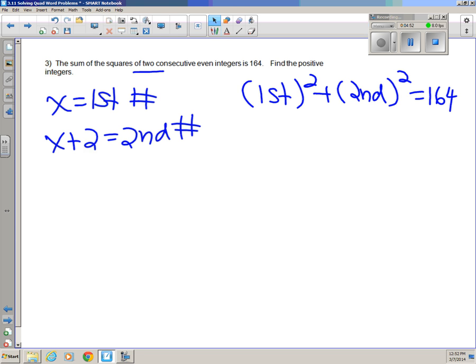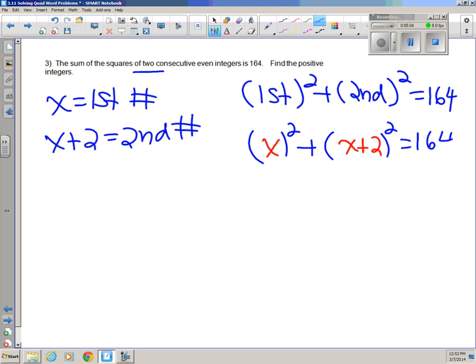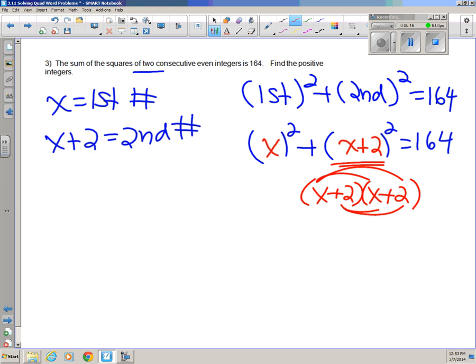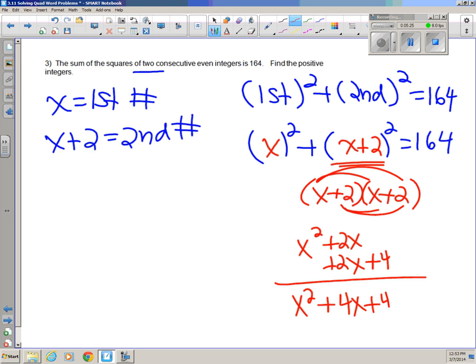What you need to realize is what goes in the first parentheses is x. What goes in the second parentheses is x plus 2, right? So it's x squared plus (x plus 2) squared equals 164. You need to remember that (x plus 2) squared really means (x plus 2)(x plus 2), in which when you FOIL it out, you get x squared plus 2x plus 2x plus 4, or x squared plus 4x plus 4.